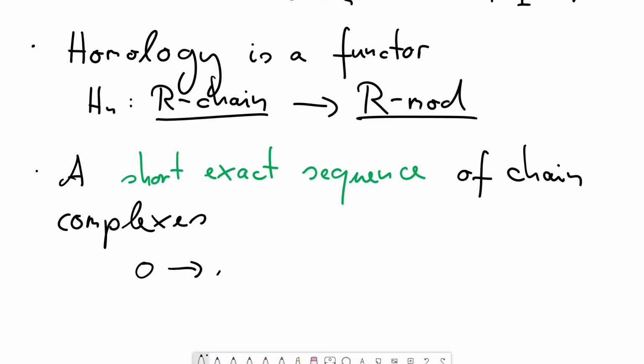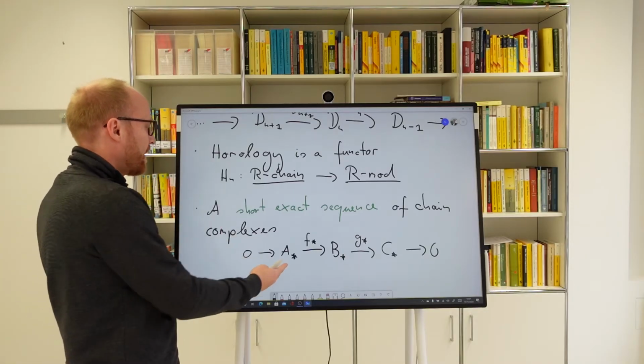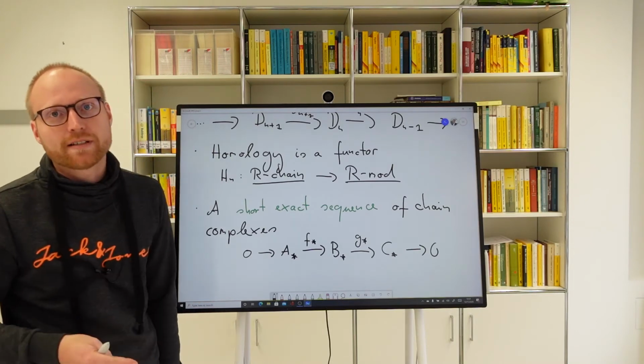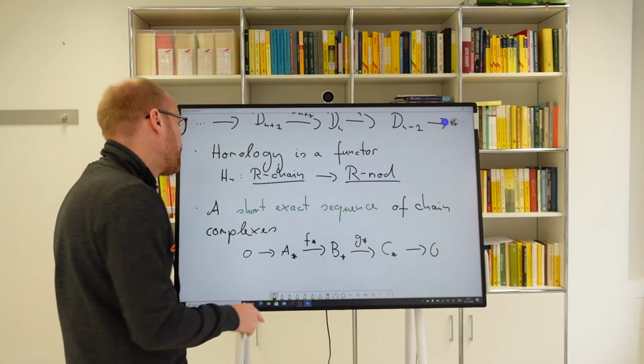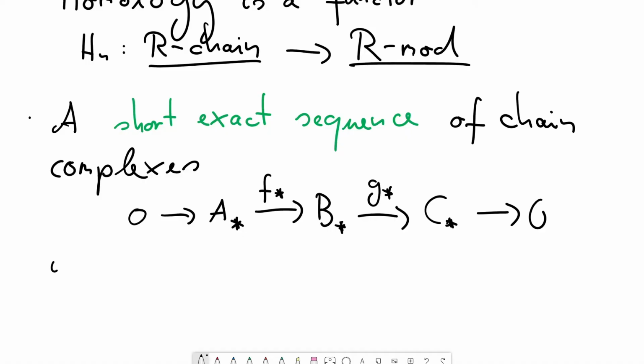So going from 0 to a chain complex, say A star, then we've got a chain map to another chain complex B star, and we've got another chain map G star to a chain complex C star. So first of all, a short exact sequence of chain complexes is of course such a sequence of two consecutive chain maps, and this condition that it's supposed to be a short exact sequence now just means that whenever you plug in a degree, you really get a short exact sequence of R modules in the usual sense, as we knew before.